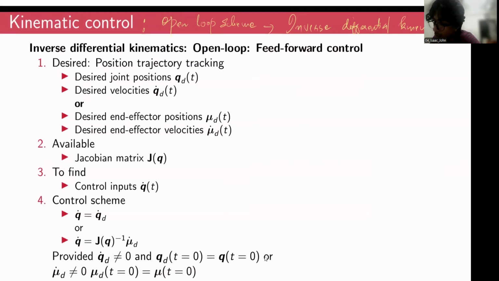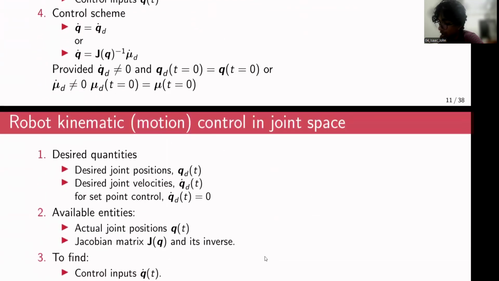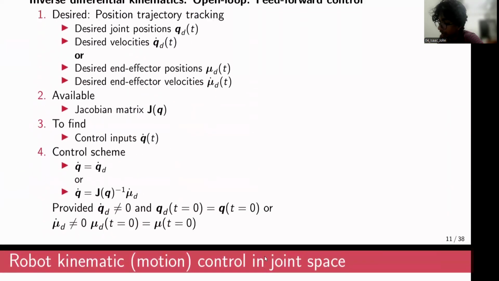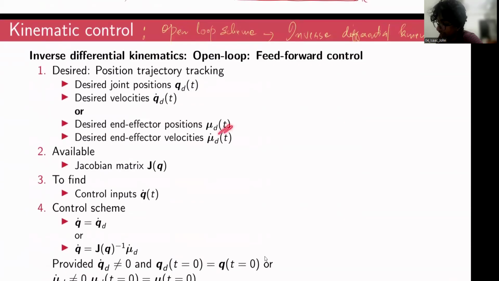So let's see what it is that we are expecting from this kinematic control. We would be having a desired trajectory of the robot specified by the desired joint positions and desired joint velocities, or desired end effector positions and desired end effector velocities.